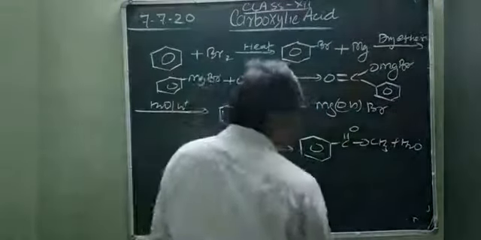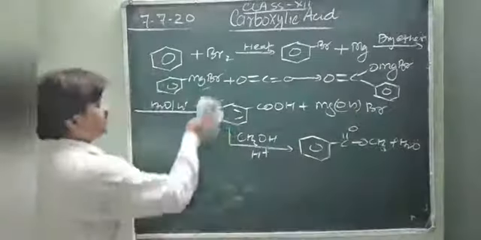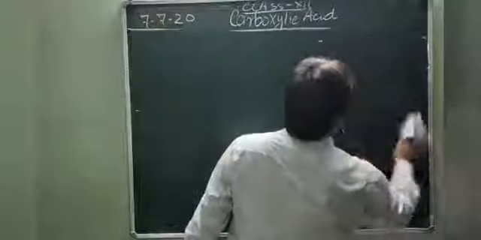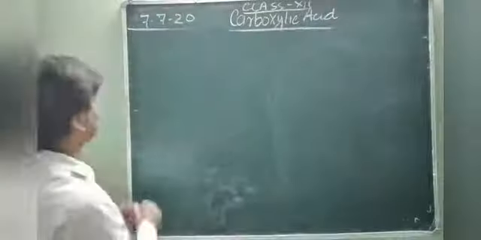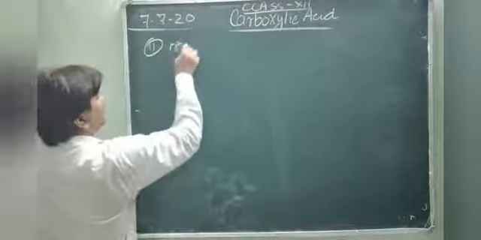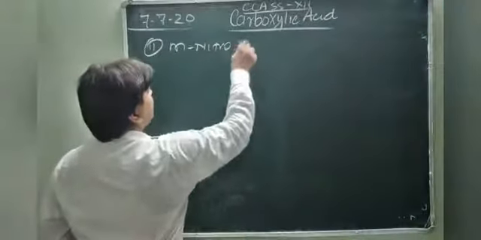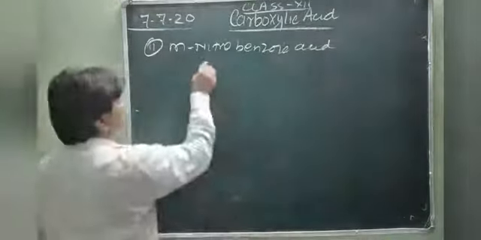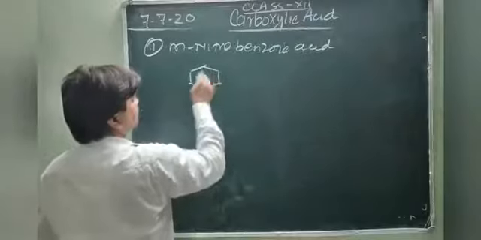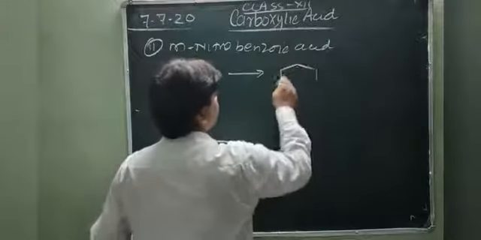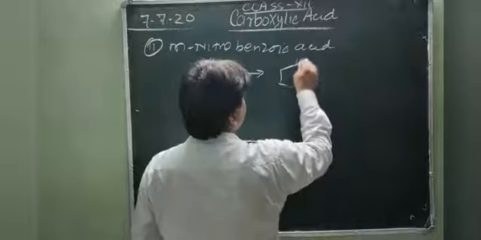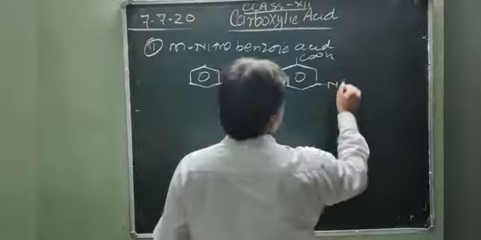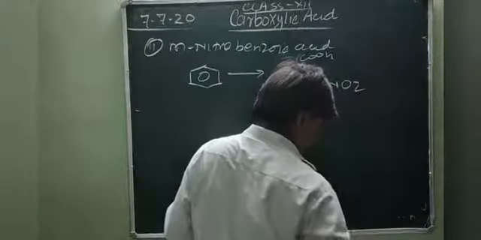Next one is given, this is meta-nitrobenzoic acid from the benzene. This is benzene, to prepare meta-nitro COOH, and this is NO2, meta-nitrobenzoic acid.